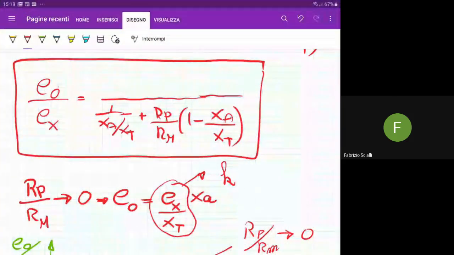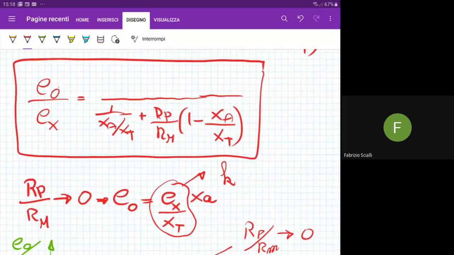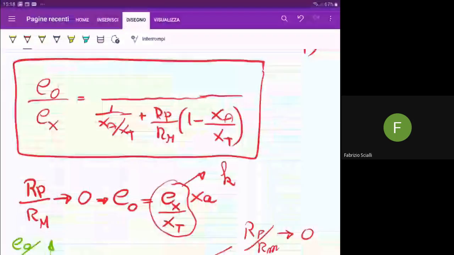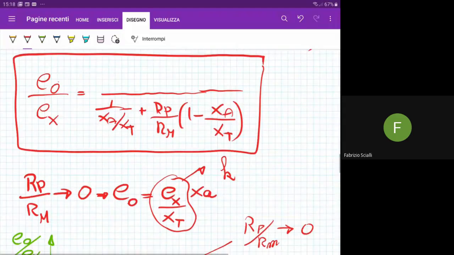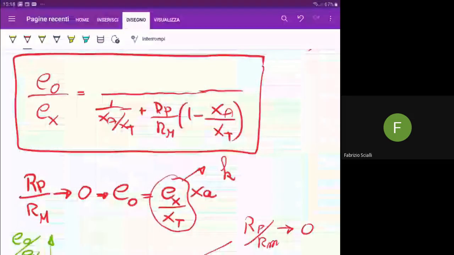In any case, linear or nonlinear, the equation is a zero order differential equation. Differential equation with respect to what? With respect to time. So this transducer is called a zero order transducer with respect to time.